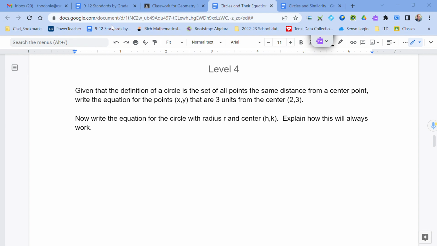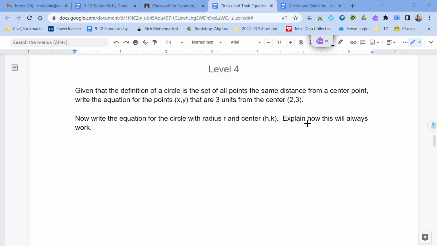So let me put some notes in here. So the radius, let me start with this. We had the center defined as 2, 3. The radius was defined as 3 units, right? So what do I know?